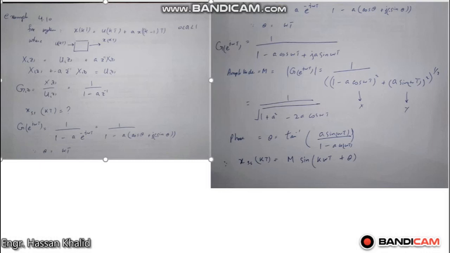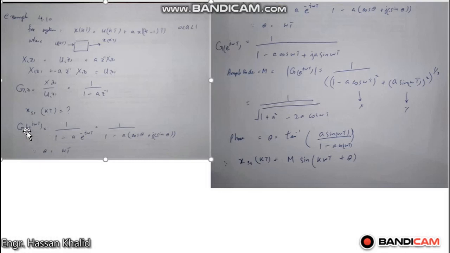To find the response of the system based upon the frequency response, where the input is sinusoidal, first find the impulse transfer function in the form of z, and just replace that z with e^(jωT).